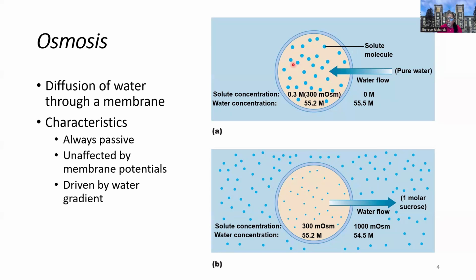So because I have a lot of solutes inside the cell and no solutes outside the cell, water is moving from a place of low solute concentration to high solute concentration. So we can think about osmosis as being in the direction of the water gradient or in the opposite direction of the solute gradient, okay?